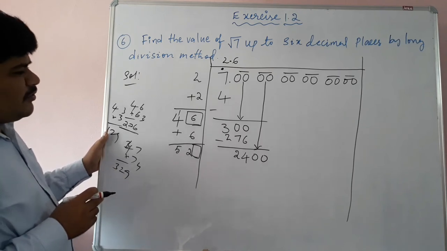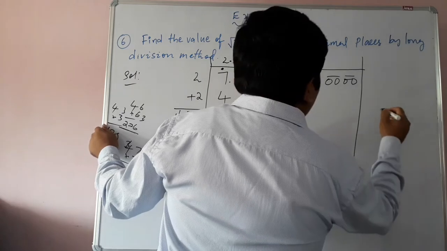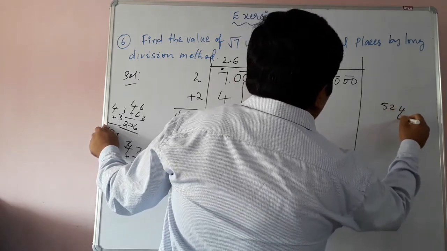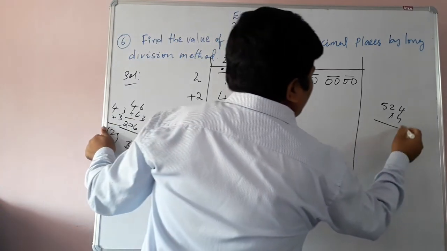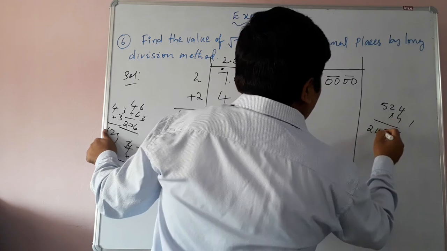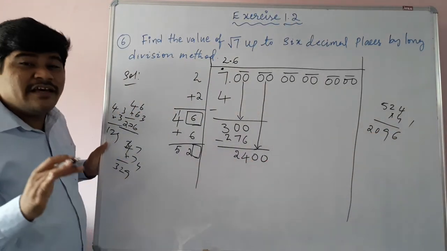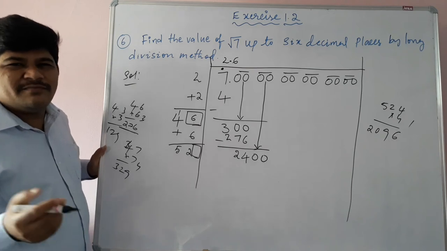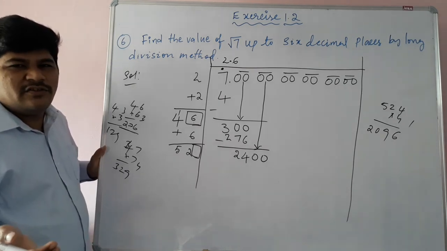And students, 525 fives are, I want to check, that is exceeding 2500. So we can take 524 fours are. 524 fours are, that is 4 fours are 16. This is 9, 5 fours are 20, 2096. So if we take 525 fives are, that is exceeding. See, 500 fives are what? 2500, right?